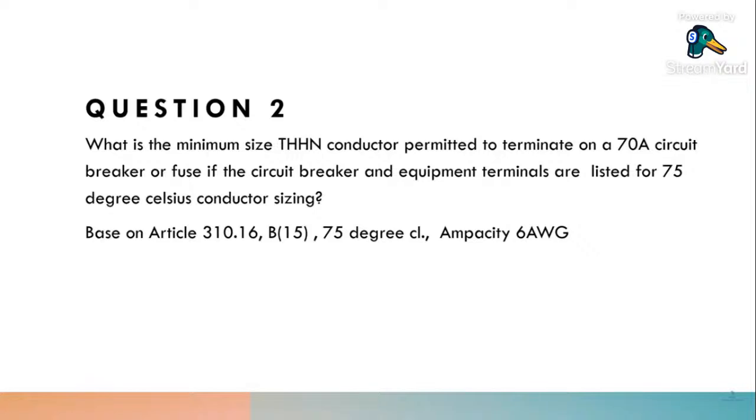We have a 70 amp circuit breaker or fuse. If the circuit breaker and the equipment terminal are listed for 75 degrees Celsius, we're going to look within Table 310.15(B)(16), all right? And we're going to look for the value for the closest THHN conductor within the range of 70 amps.